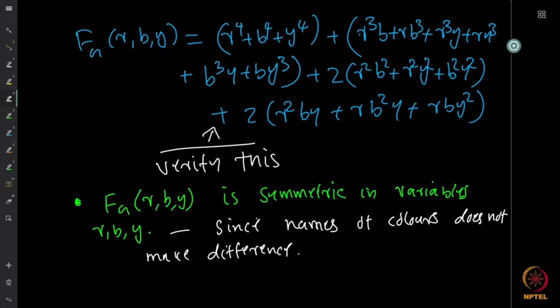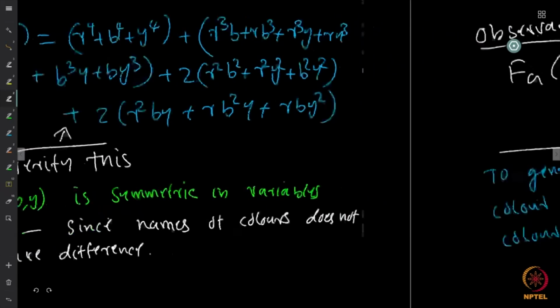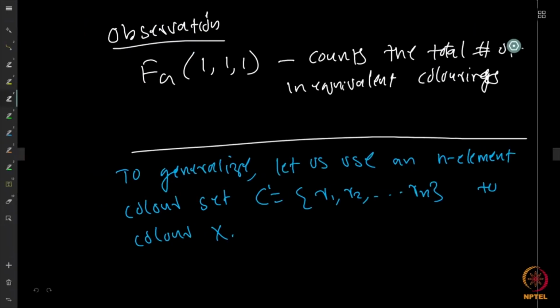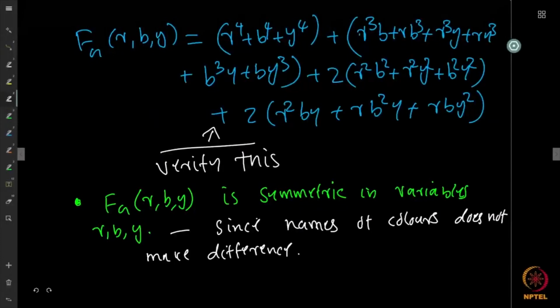Okay, so we have this, and now let us look at some things from this. So if you look at fg of r, b, and y, I substitute with the value 1, right? So r becomes 1, b becomes 1, and y becomes 1. And what happens to this right hand side, right?